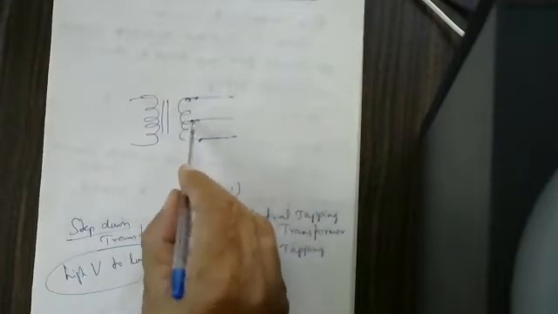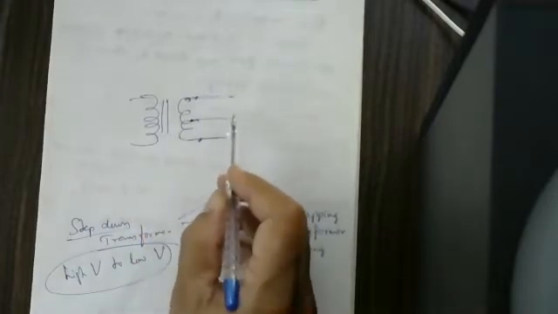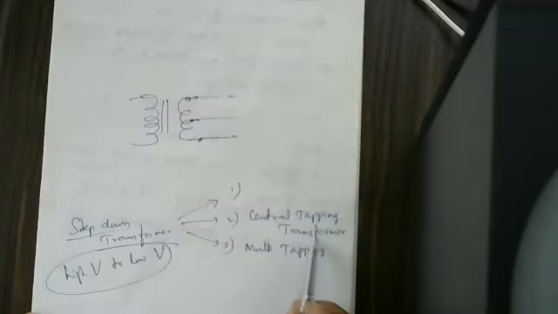Multi-tapping transformer means 50 turns, one output; 100 turns, one output; 200 turns, one output; 400, like that we take outputs. That is called the multi-tapping transformer.